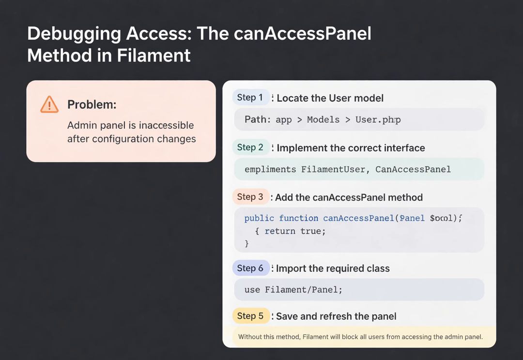Next, make sure your user class implements the FilamentUser interface. Then, add the canAccessPanel method and simply return true. This tells Filament that all users are allowed to access the panel. Don't forget to import the Panel class at the top of the file. Save, refresh, and your panel should be accessible again.